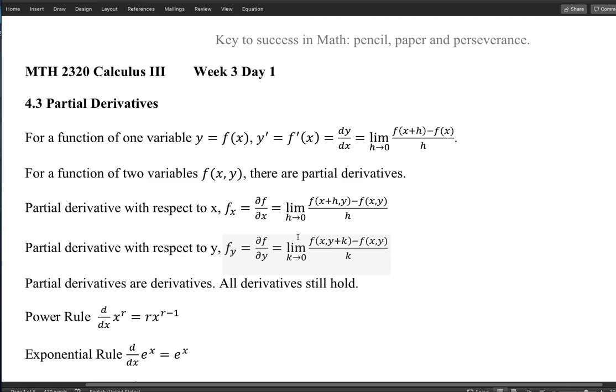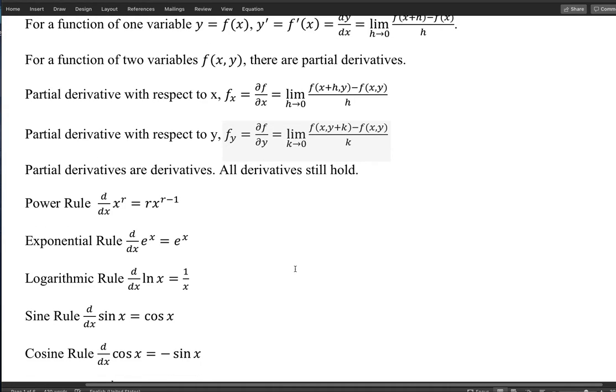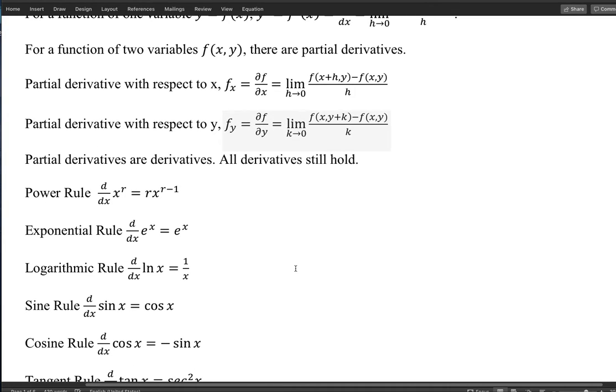And to calculate partial derivatives, usually we don't start with the definition. We're just going to use the rules and the formulas. So in this part, I have some formulas and rules for regular derivatives. Indeed, they all can be extended to partial derivatives. The first one is the power rule, the derivative of a power function.